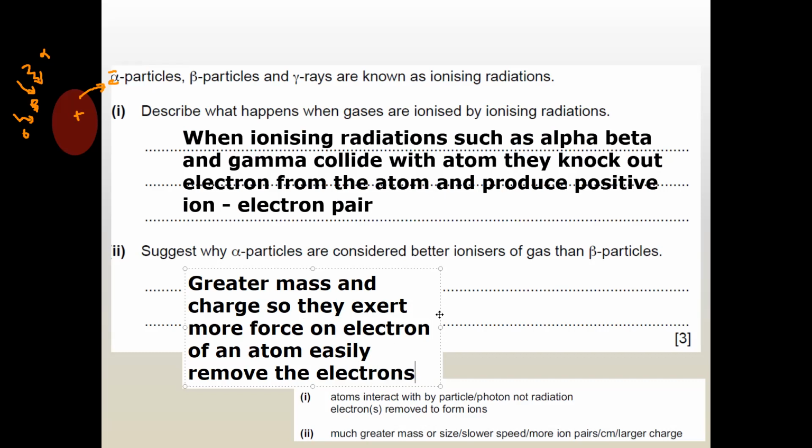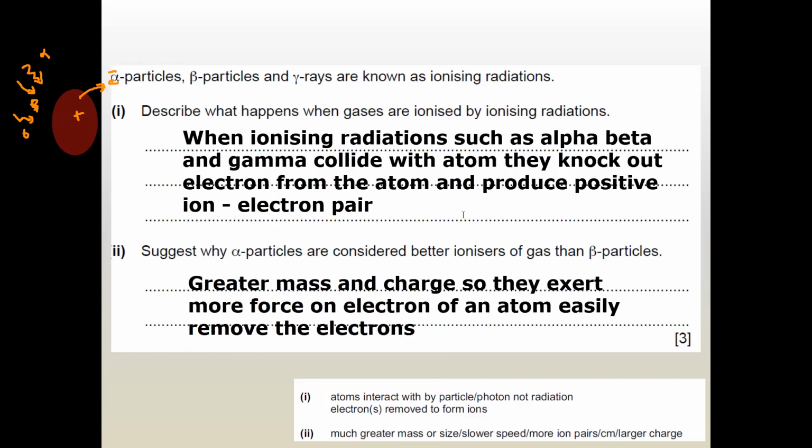Because of the greater mass and greater charge, when alpha particles collide with the electrons, they can easily knock out the electrons from the atoms.